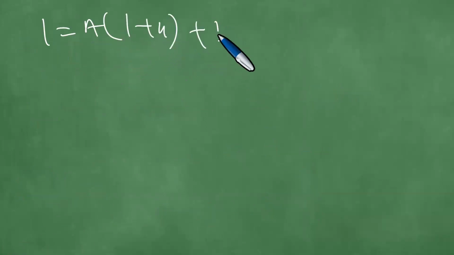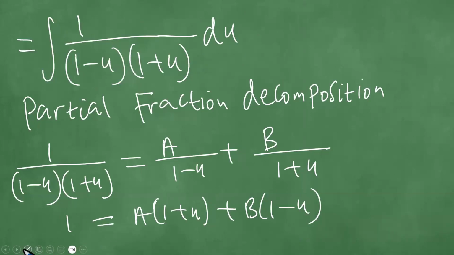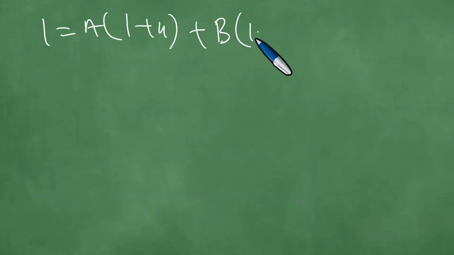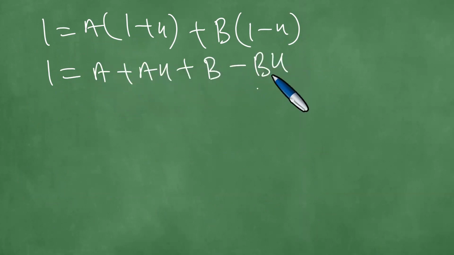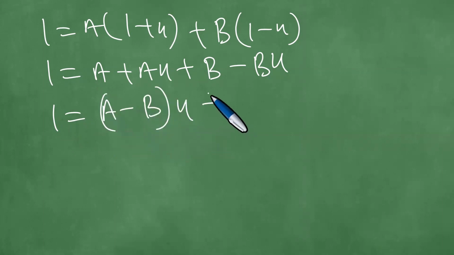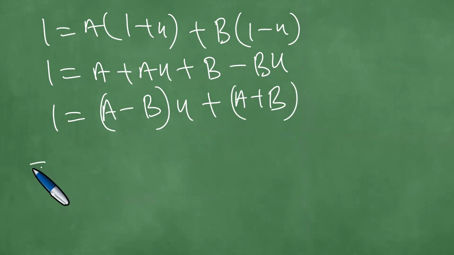And this means that you have A plus Au plus B minus Bu, and then this is A minus B times u plus A plus B.